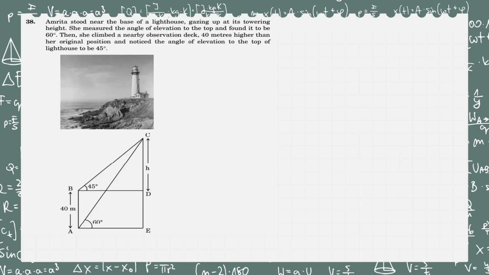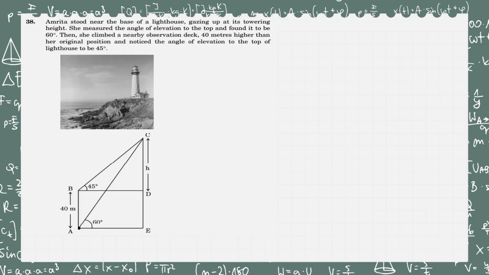So, the scenario has already been drawn as a triangle shape, and all the angles and everything are marked here. So let us try to understand. A is this point where Amrita was standing in the beginning of the scenario.